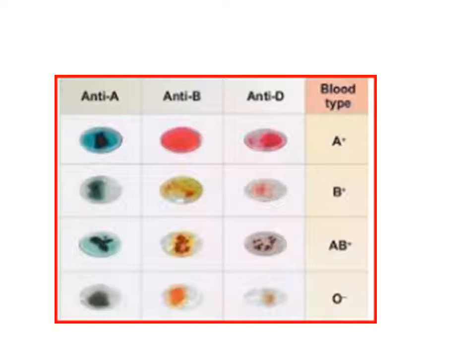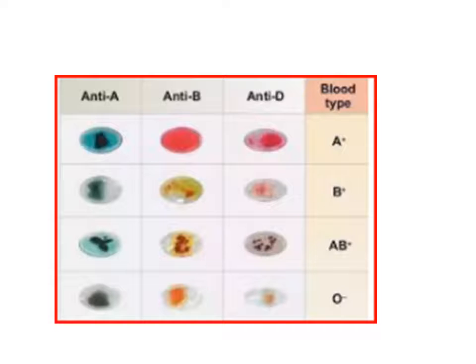Now you see this picture. If you have the A positive blood group, agglutination or coagulation occurs in the blood drops of anti-A and anti-D.